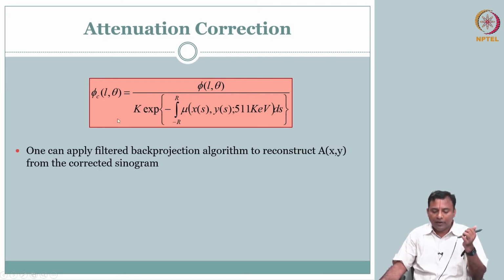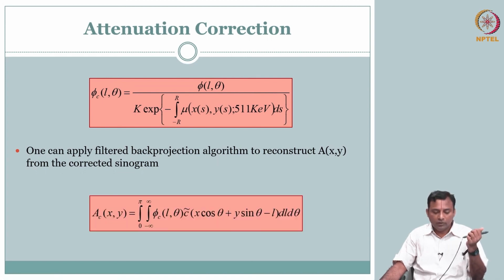Okay. So after you get this, it is just the question of applying your filtered back projection, very similar to what we have done before. Okay. So you can write your corrected A of x comma y, this is your tomographic image, right, of your radioactivity in x comma y plane. You get this corrected projection values, nothing, it is your typical filtered convolution back projection.